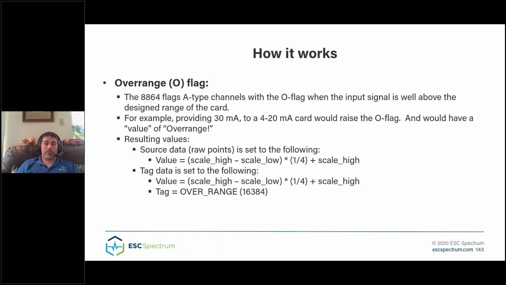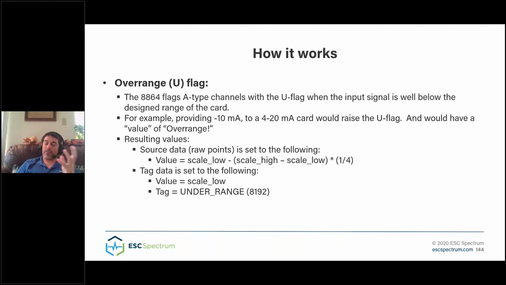So how it works: if Prism's monitoring one of these channels from the 8864 and it sees the O flag, it will set the source data, the raw data, to 25% above the scale range. So you can see, scale high minus scale low times a quarter plus scale high. And the same thing with the tag data. It will set it to 25% above the scale high, and it will assign it the overrange flag.